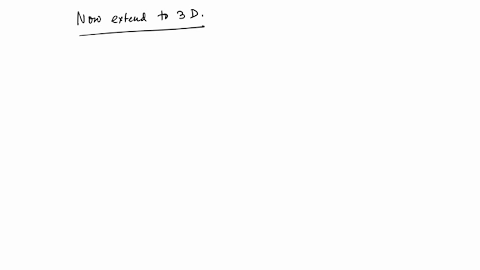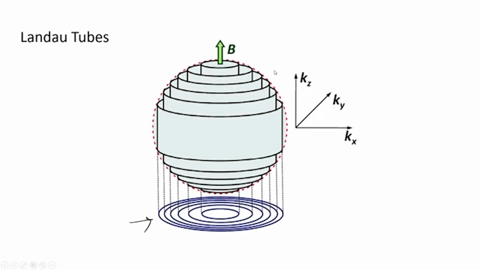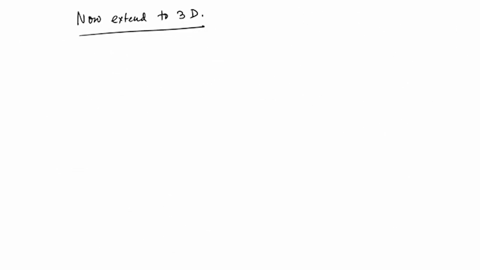And what happens is that as we increase the magnetic field, the cross sectional area increases. So, all these tubes that you see here, as you increase the magnetic field, the tube has larger and larger surface area. So, we just write that.